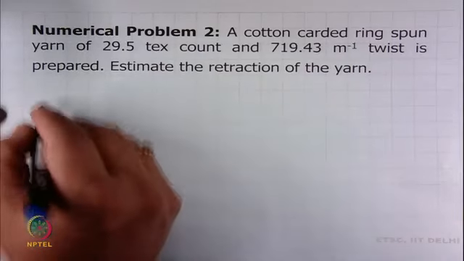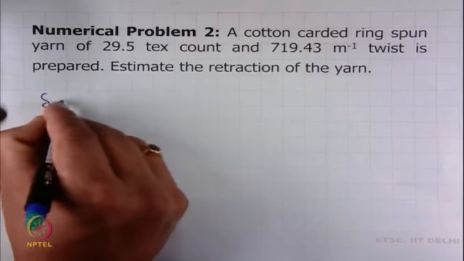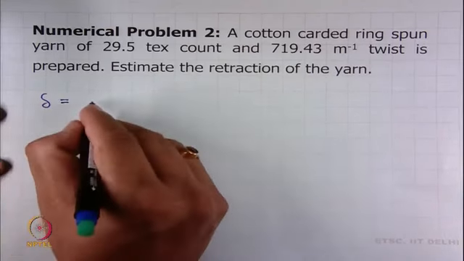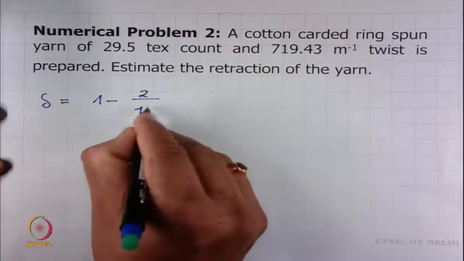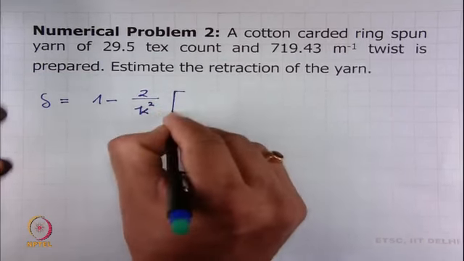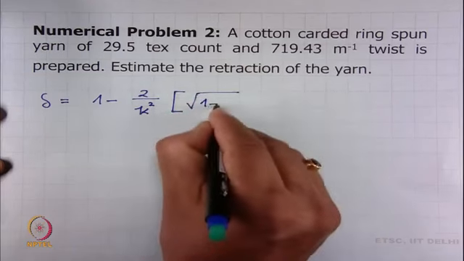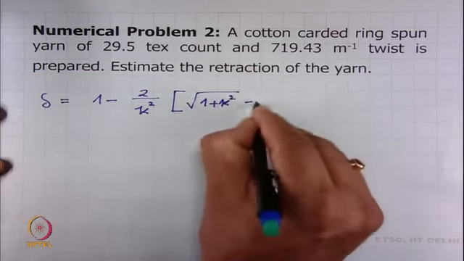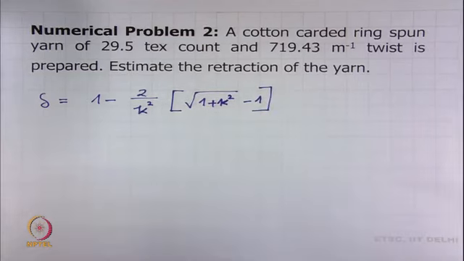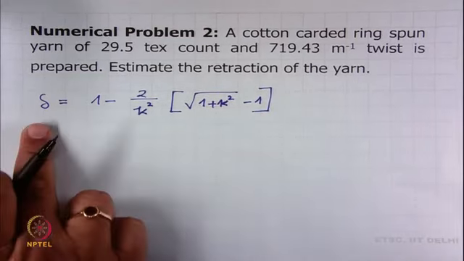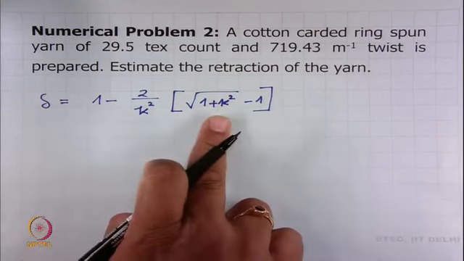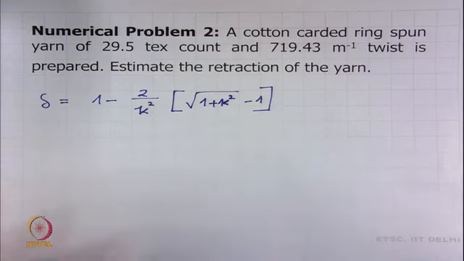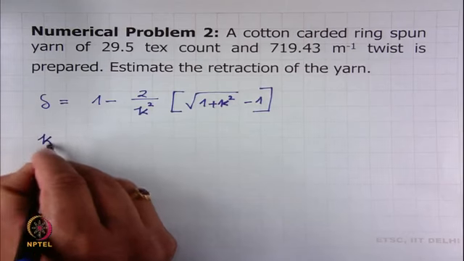What is yarn retraction? We have already learned it in the previous class: 1 minus 2 by kappa squared into the square root of 1 plus kappa squared minus 1. Here kappa is the yarn twist intensity, so we have to determine the yarn twist intensity, then we will be able to solve the problem.